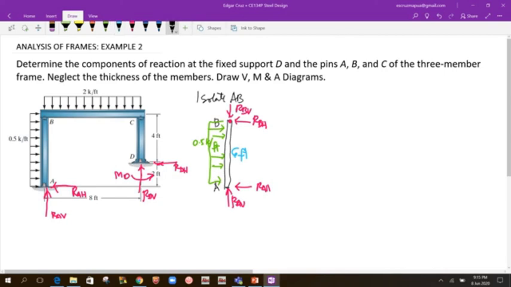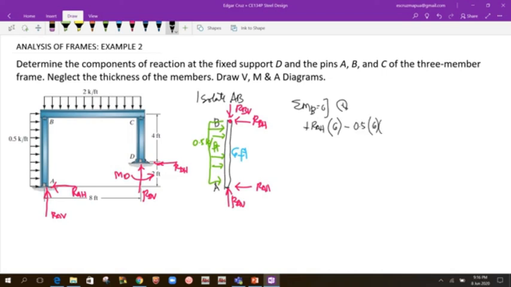Applying statics here, let's sum up moment at B equal to 0, and let's say clockwise is positive. What are the moments at point B? Of course these two reactions will disappear. RAV will also pass through point B, so it also disappears, so just RAH remains. That would be positive RAH because it causes a clockwise direction about B. The moment arm of RAH is 6 feet, then the uniform load is minus 0.5 times 6, the resultant, and the moment arm is 3.